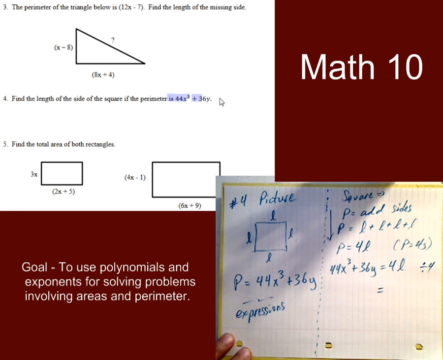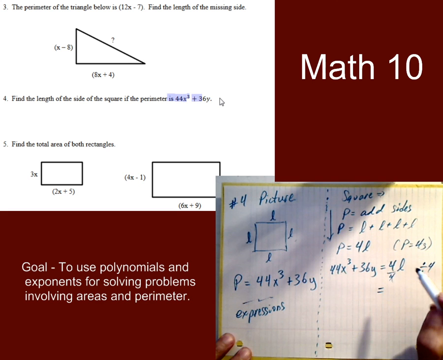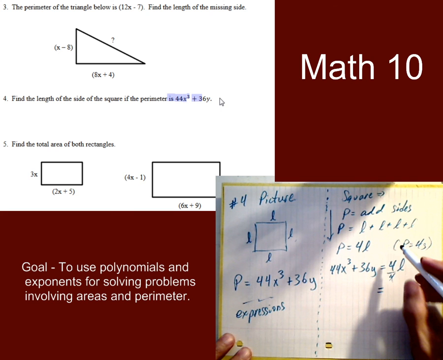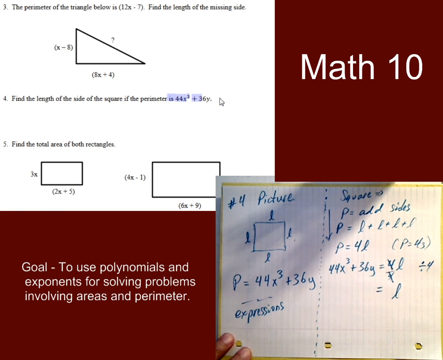Because watch, when you divide by 4, 4 divided by 4 is 1. 4 divided by 4 is 1. I crossed them out. And 1 times L is just L. See, it was 4 times L, so choosing the opposite operation and the same number, we can get L by itself.